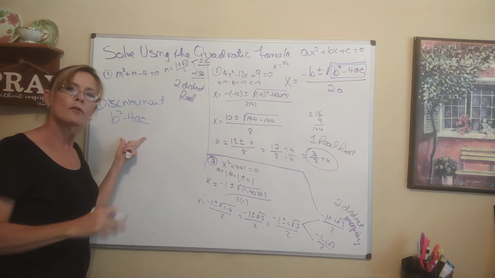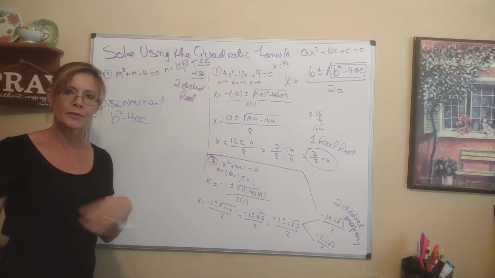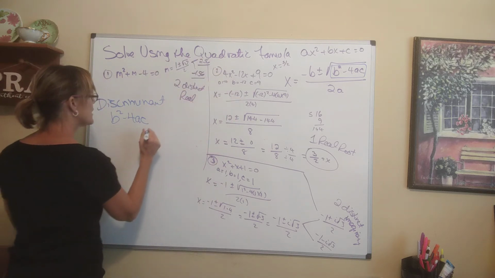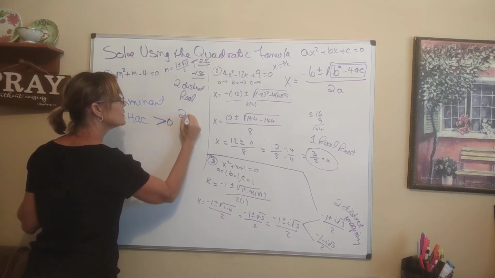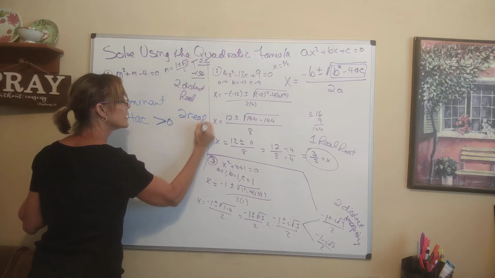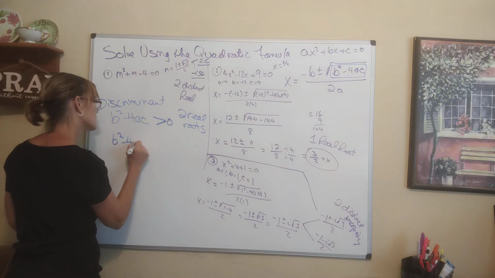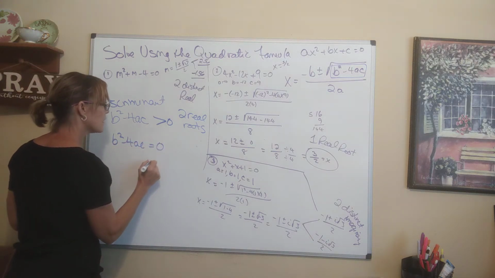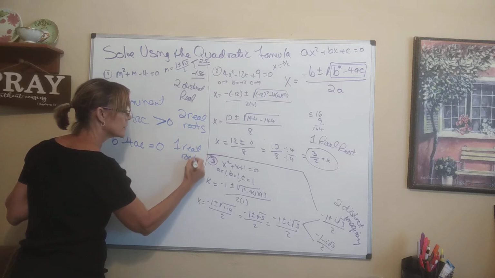And so if you figure out what the discriminant is for each one of these, you can determine what type of solutions you're going to get. So if b squared minus 4ac is positive, you will always get 2 distinct real roots or zeros or solutions. If the discriminant is equal to 0, you will get 1 real root.